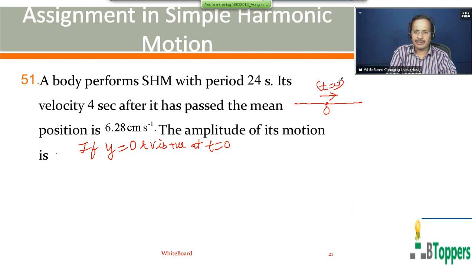Then the displacement from the mean position at time t is given by y equal to A sin omega t.